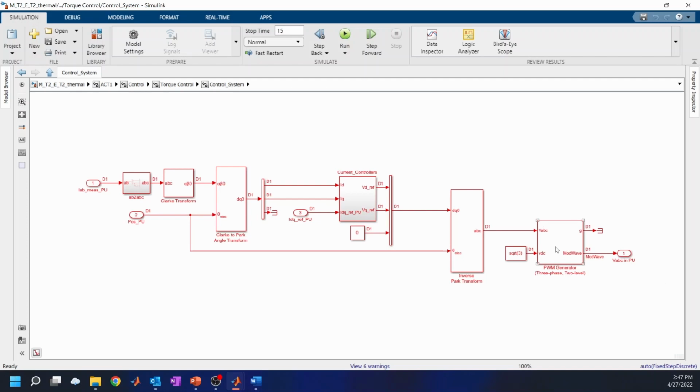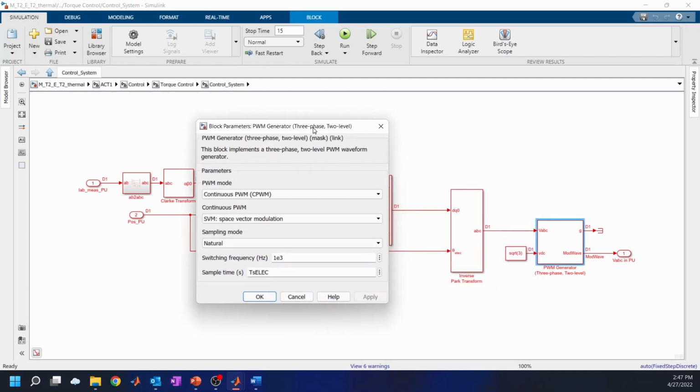In this case, we are generating modulation waves using the PWM generator block. You can see that we are using space vector modulation settings here. This is important because we will check that in a moment on the simulation results, and we will expect to see certain characteristics here, which we will look for once we get to the results.